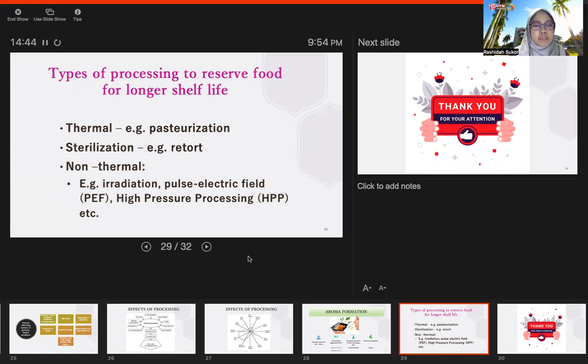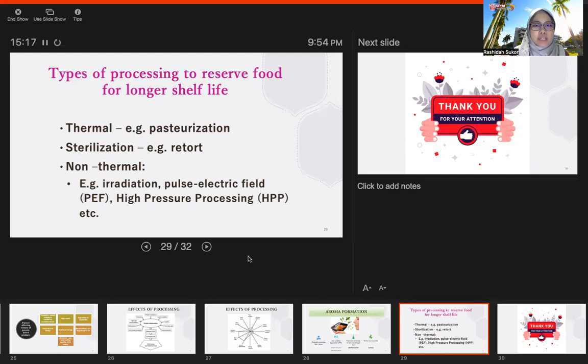Okay, thermal, for example, we use pasteurization. For sterilization, we use retort. Retort is a very widely used sterilization technique, especially for food stored in pouch. Okay, and then now in 2023 or even before, many new methods are being introduced into food processing where we don't use thermal or heat.